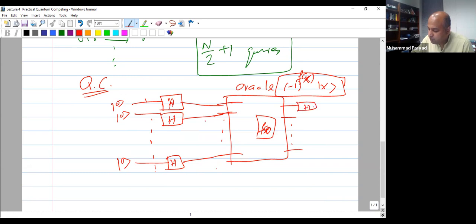Then we perform the Hadamard transform on each qubit again, and then we perform measurements.